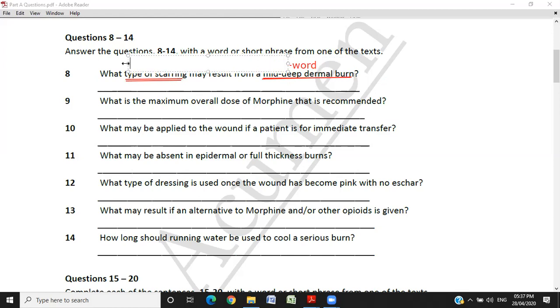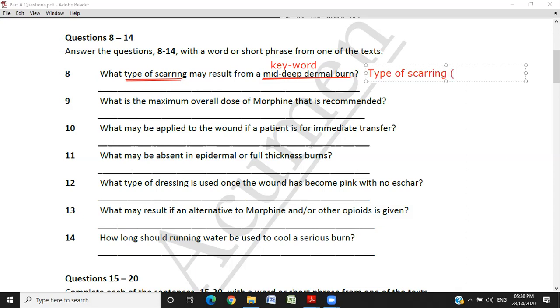Another keyword is, what am I looking for? The kind of information I'm looking for is the type of scarring. Scarring happens when the burn heals. During the healing time, you have the scar. So now we would be able to decide which text can have this answer.